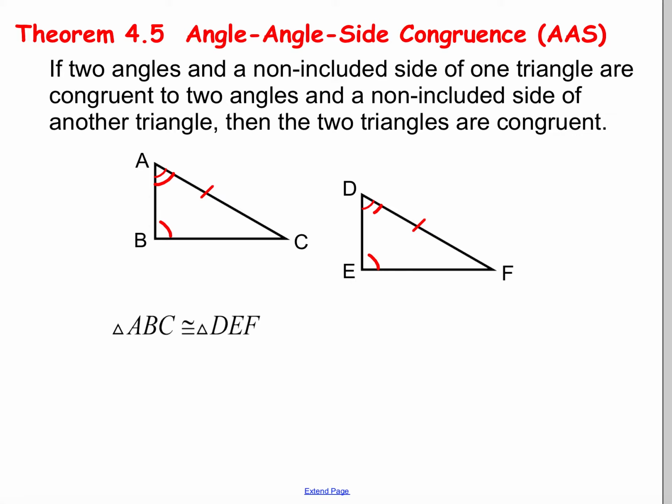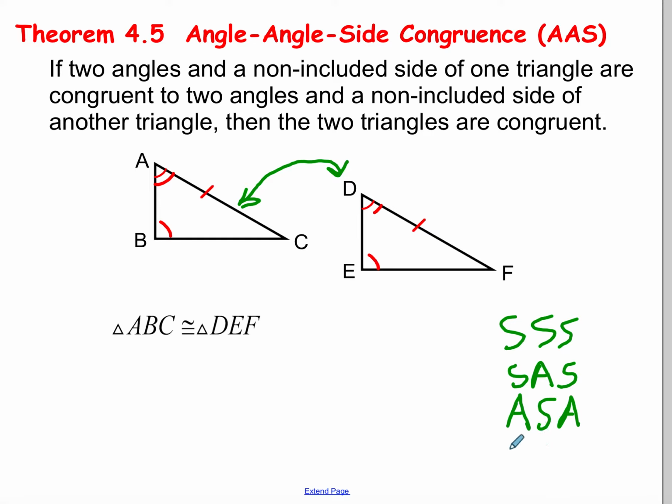Okay, so before we move on, let's take a quick second to think about this. In proofs, when we're trying to prove that two triangles are congruent, we know the roadmap. We already know where we're trying to go. We're trying to prove that all three corresponding sides are congruent, or that two corresponding sides and the included angle are congruent, or that two corresponding angles and the included side are congruent, or that two corresponding angles and either of the non-included sides are congruent.